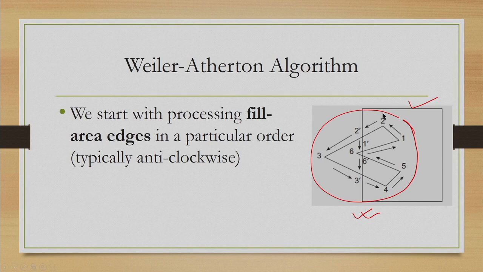We will try to understand how the algorithm helps us identify the parts to be discarded, that is this region, and the parts to be kept after clipping, that is these two regions, this one and this one.